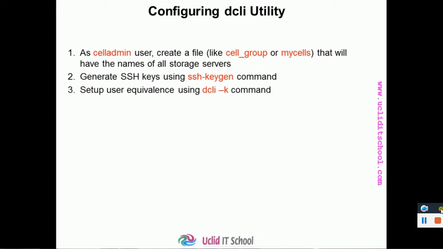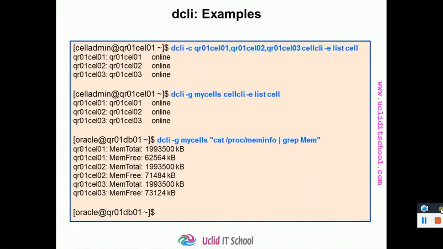Now onwards, you can execute commands on multiple cells. This configuration is a one-time task. Once this is done, every day you can use dcli. This slide shows you some examples related to dcli, which we saw earlier also.